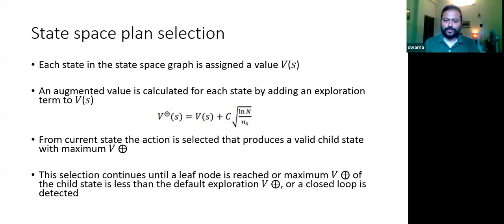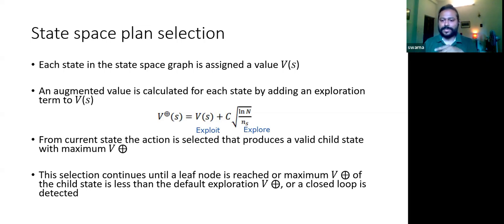So, log of N by n_s. Log of N is basically the total number of state visits that have been done to all the parent nodes of a specific state. Now here it's a little bit different from Monte Carlo tree search, because that was a tree and this is a graph, and a specific node can have multiple different parents. In a tree, a specific node has only one parent.